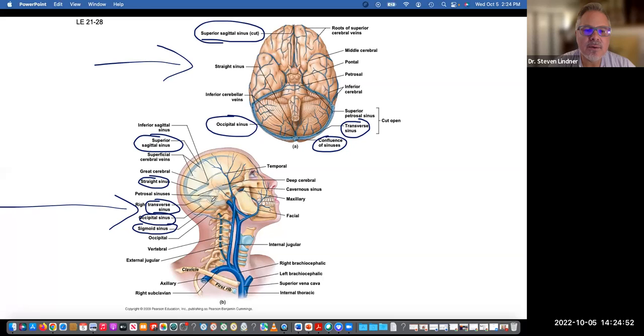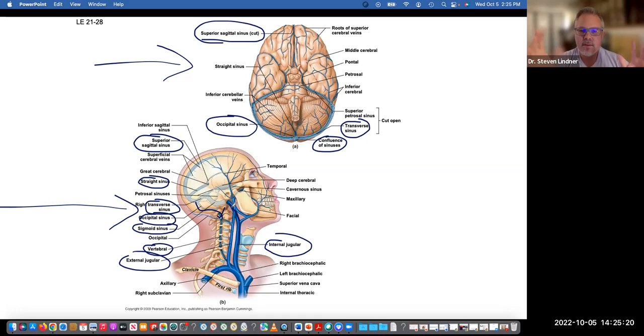And now if we follow the drainage, just look at the plumbing. Now it's going to be moving down this way into the internal jugular vein. There is a vertebral vein, you could see coming through this way, through the transverse foramen. And then there's an external jugular vein. Again, it's more superficial.